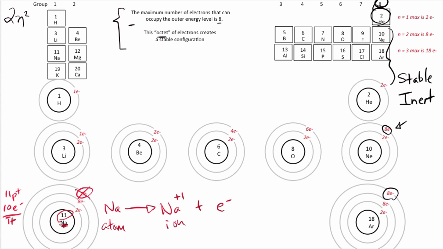Not so with ions. And I wrote this electron over here really as kind of a bookkeeping thing, because it's like algebra. What's on the left side of the equation has to equal what's on the right side of the equation. So even though the electron is no longer attached to the sodium, I'm putting it over here because I can't make or destroy matter.